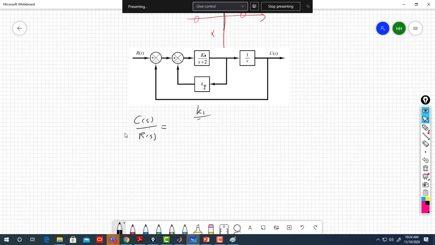Then K1 S plus 2 K2? Remove the K from above. Over 1 plus, this is forward over 1 plus loop.